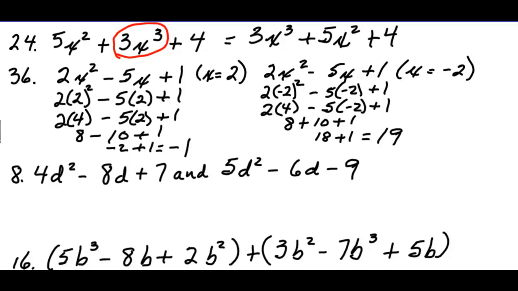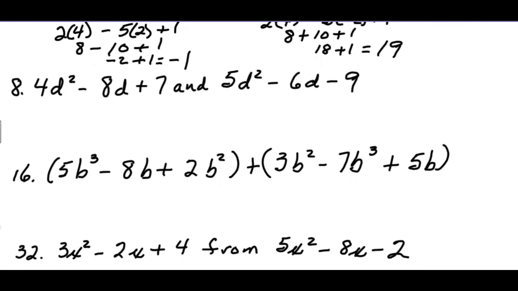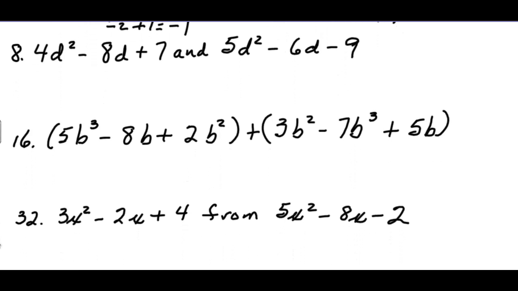But now what I'd like for you to do is turn over to page 195. This is exercise 3.4, and what we're doing is combining terms. In number 8 here, we're going to combine the expressions 4d squared minus 8d plus 7 and 5d squared minus 6d minus 9.